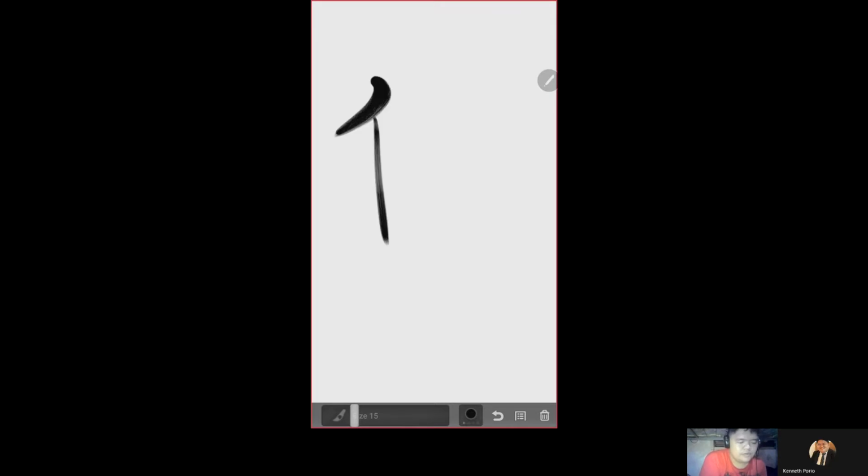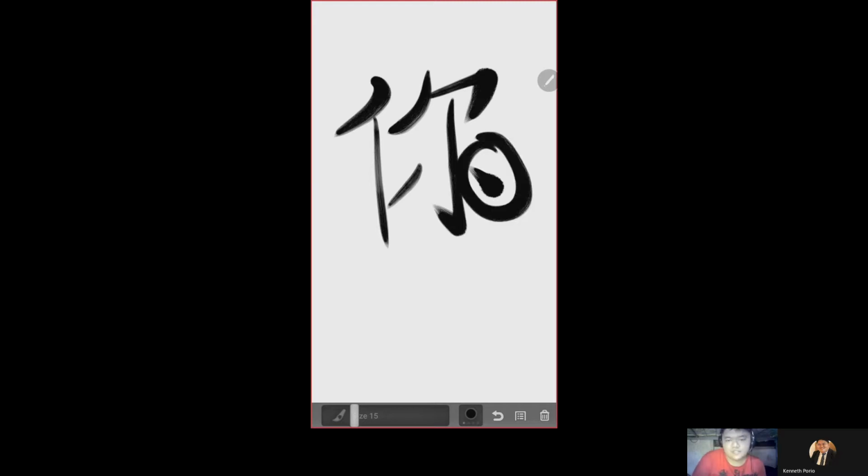So for the example character you saw in the slides, like this character ni, this one is the tian. Okay, I hope you saw that. Again, this is the tian, this one. So that is the dot stroke.